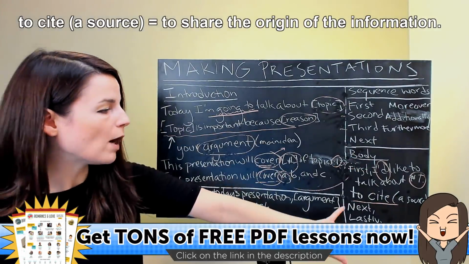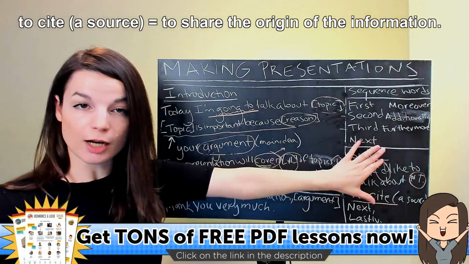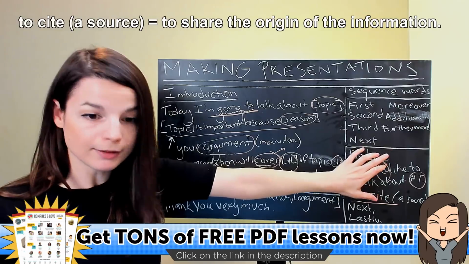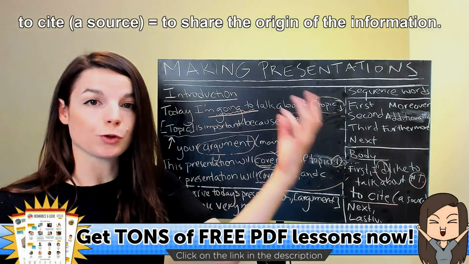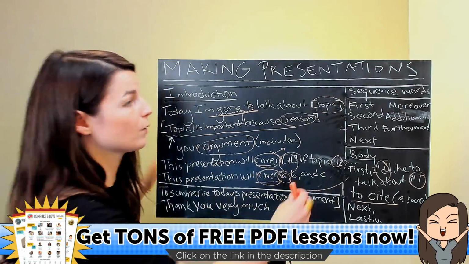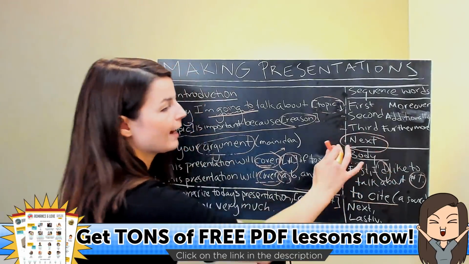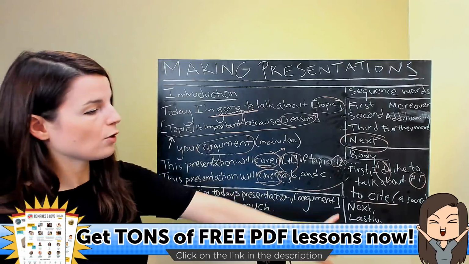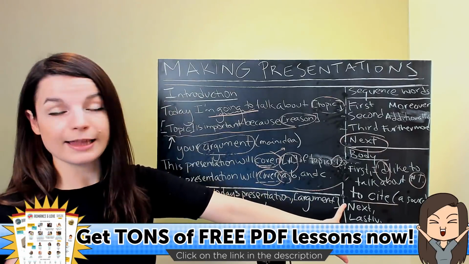When you want to finish, so you finished talking about topic number 1, and you're ready to go to topic 2 and to topic 3, there are some transition words you can use. I mentioned up here the word next. You can use next in the same pattern.